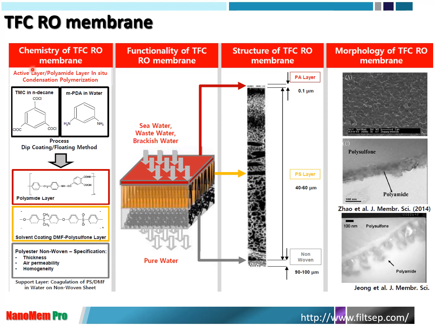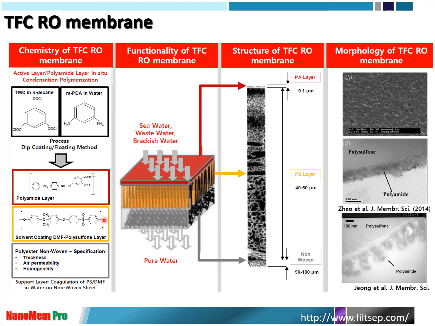So, the chemistry of the TFC RO membrane active layer: we produce the polyamide layer by in situ condensation polymerization. TMC in organic solvent, MPD in water solvent. It goes through polymerization and creates the polyamide layer.